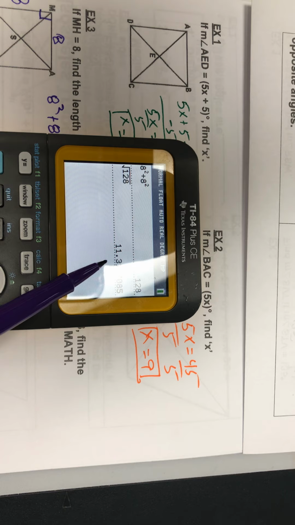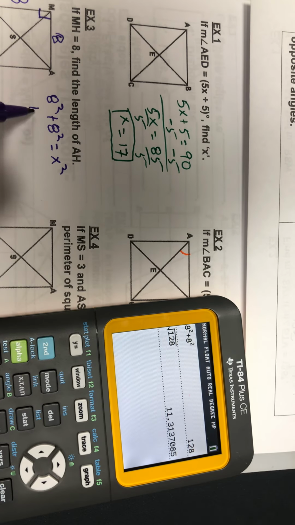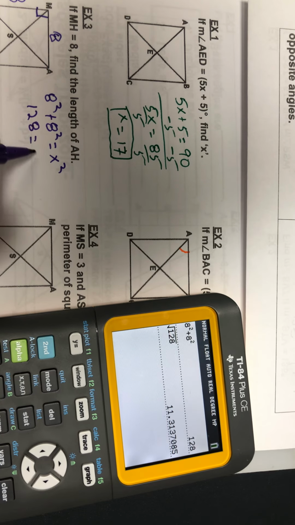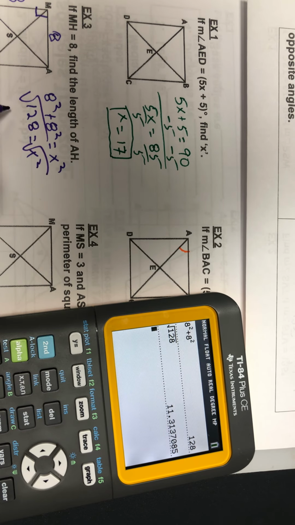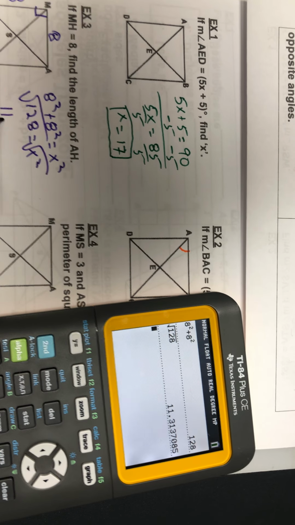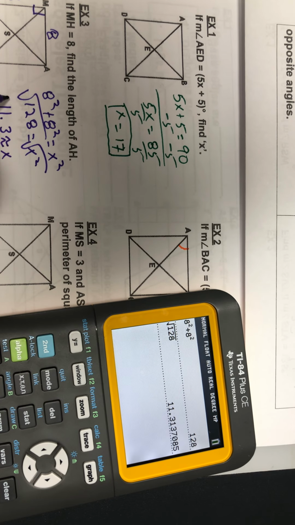I want to round to one decimal place, so 11.3. So this is 128 equals x squared, square root both sides, and that's going to give me 11.3 is approximately x.